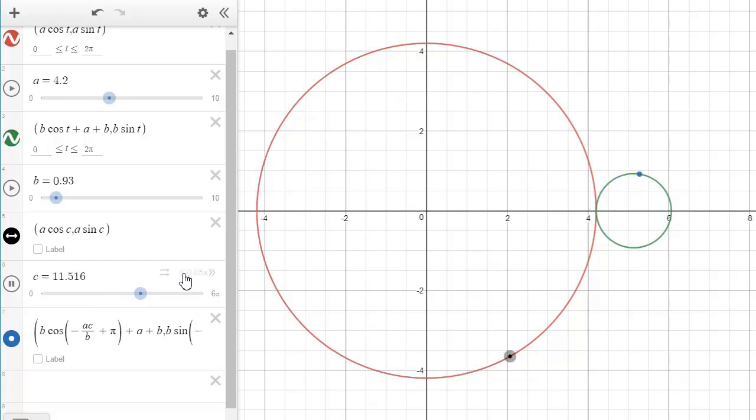Let me slow it down. They don't actually meet. Let me speed up. They don't actually meet. When will it be when they next meet?